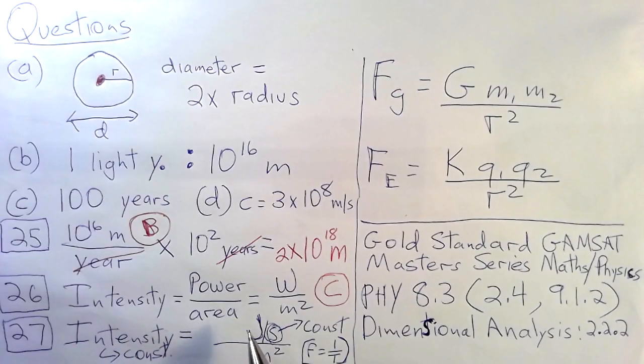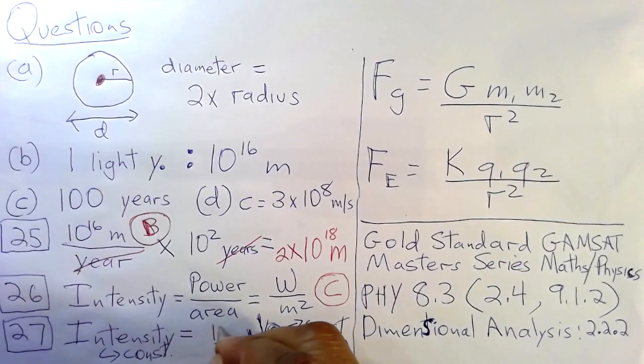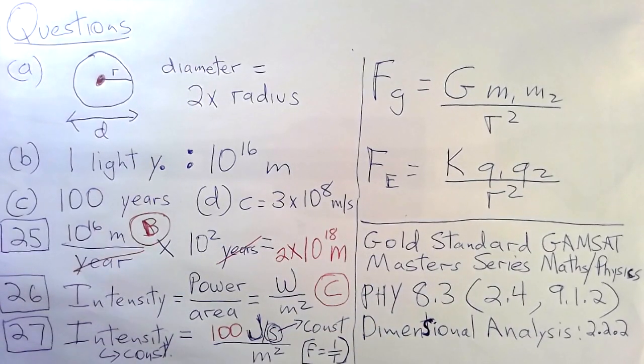If we multiply the numerator by 100, then the denominator must be 10 times r, so that when it's squared, it's 100 and the hundreds cancel. So it's 10 times the distance, which means the answer is going to be B, for example 10 times r.